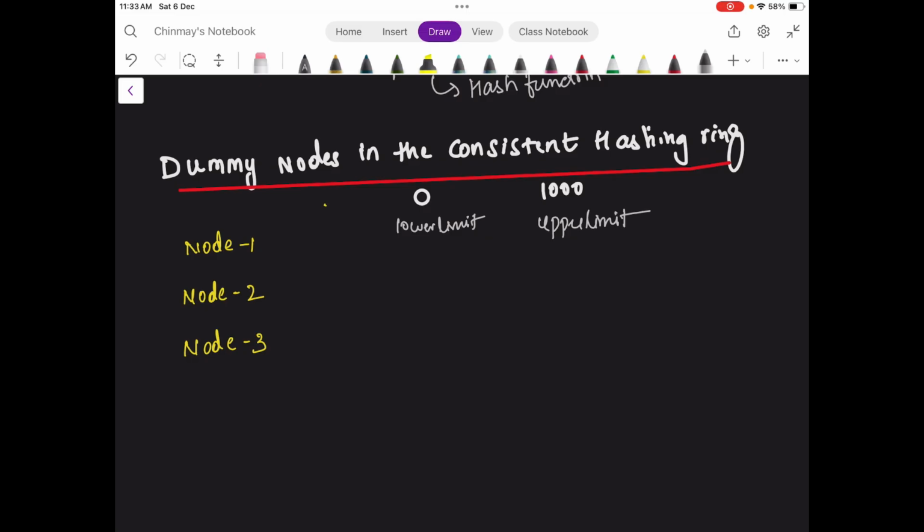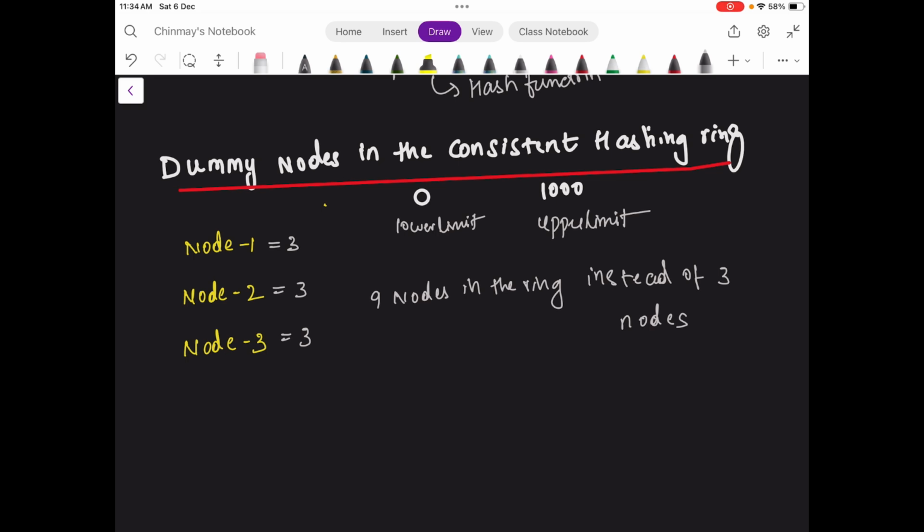This is an example. Now let's decide that every node should have 3 dummy nodes. That means node 1 has 3 dummy nodes, node 2 has 3 dummy nodes, and node 3 has 3 dummy nodes. That means we have 9 nodes in the ring instead of 3 nodes.